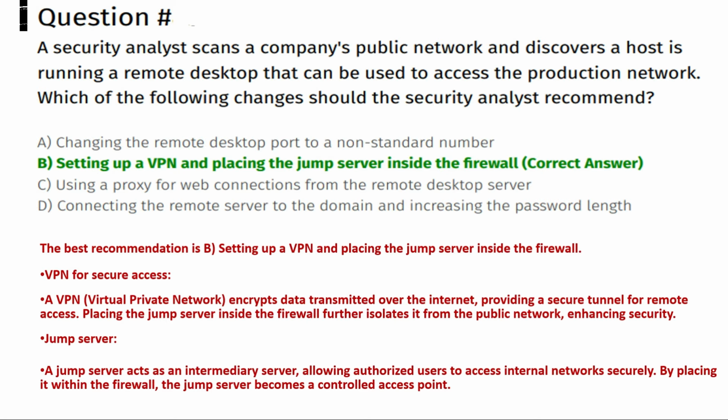And a jump server acts as an intermediary server, allowing authorized users to access the internal network securely. By placing it within the firewall, the jump server becomes a controlled access point. So that's why the correct answer for this question is option B, setting up a VPN and placing the jump server inside the firewall. So let's move to the next question.